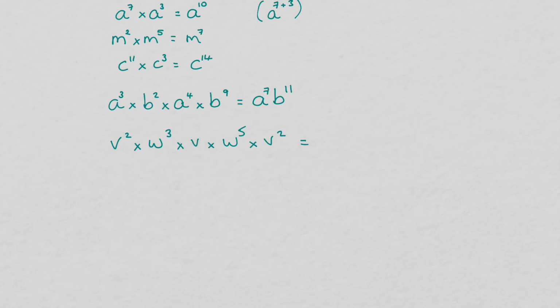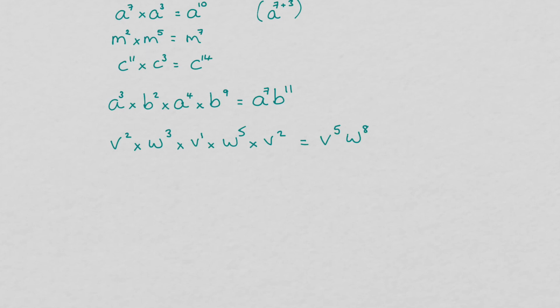Well, it's just once, isn't it? So we can put a power 1 there and that helps us with our adding. So in v's, let's have a look. We've got 2, 1 and 2. So that makes 5 altogether when they add them up. And then in the w's, we've got 3 and 5. So we've got w to the power 8.